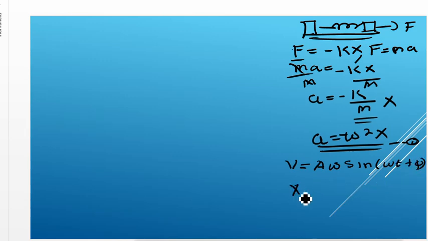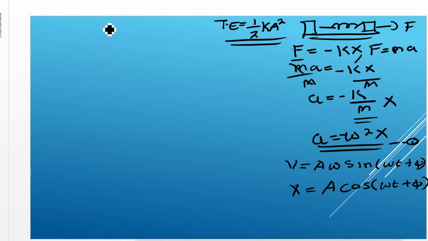Then for the displacement, remember it was x equals A cosine of omega t plus phase. From these formulas we can come up with the total energy, because remember we said that the total energy is equal to 1 over 2 k A squared. So it is this formula that we want to come up with.